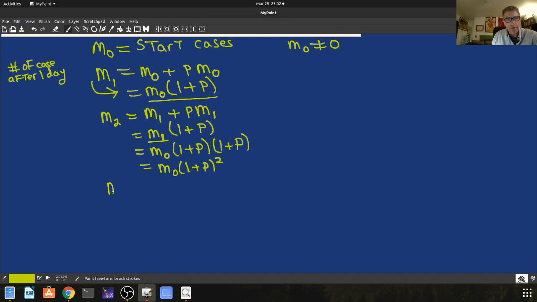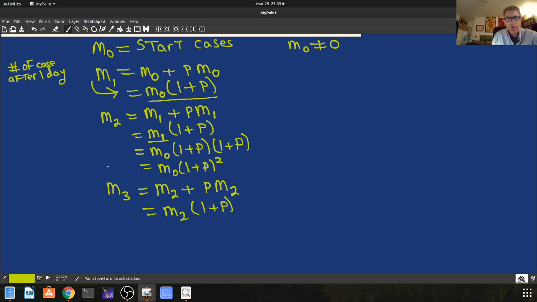So on day 3, we have the total number of cases at the end of day 2 plus some rate of increase p times m2, which is equal to m2 times 1 plus p when I pull out the greatest common factor.